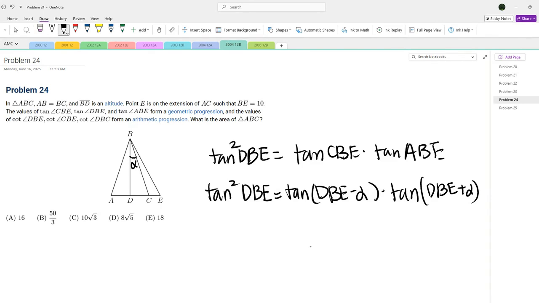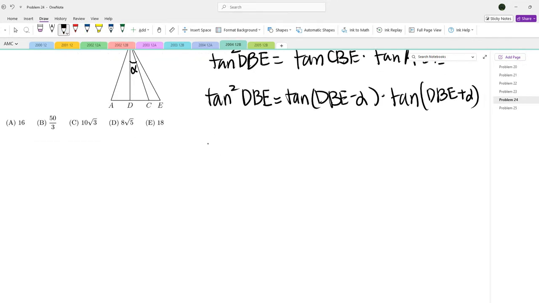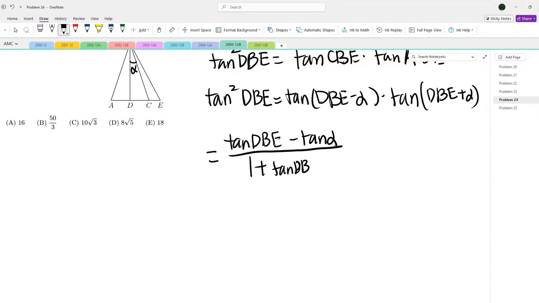So we have this, and from the right side we can use the tangent difference of angles formula to write it as tan DBE minus tan alpha over 1 plus tan DBE times tan alpha.